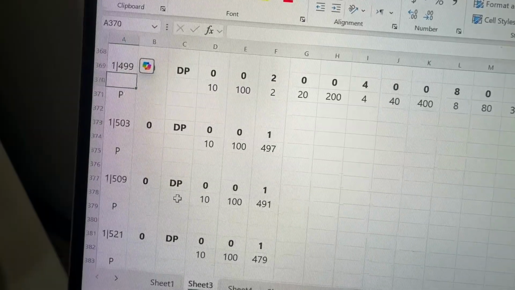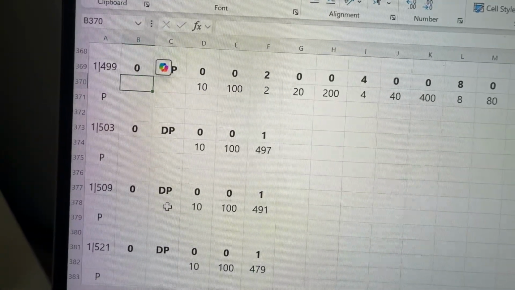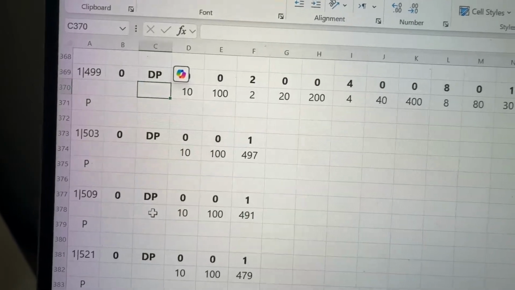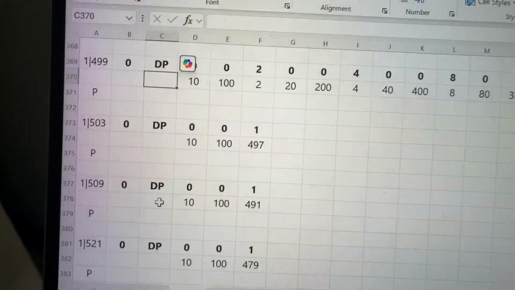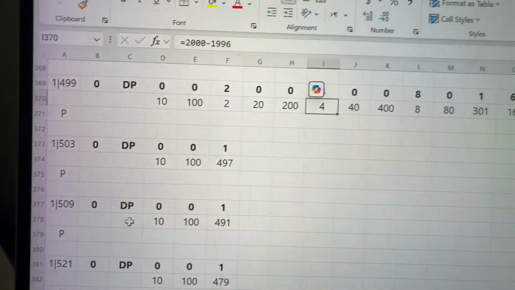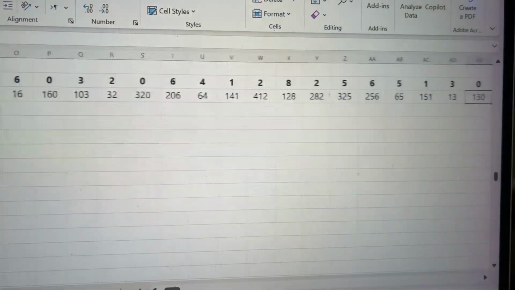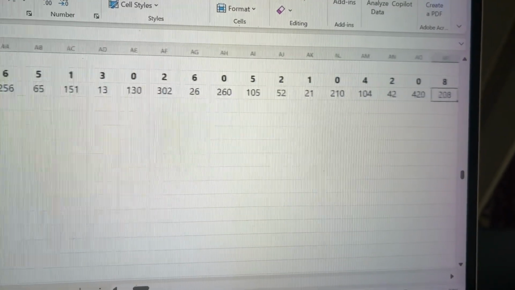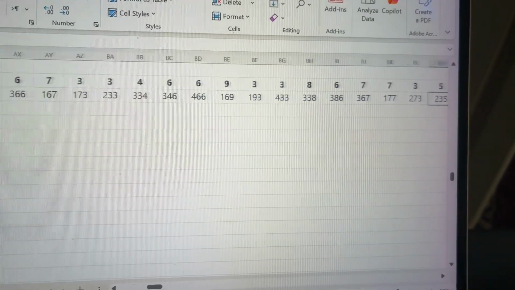Well, anyway, so the number I'm working on right now is 499. So I am now in the process of finding out what 1/499th is and how many digits are in that cycle of the 1/499th reciprocal.